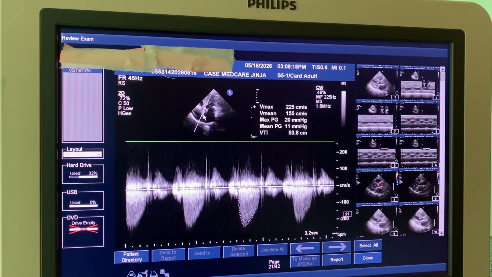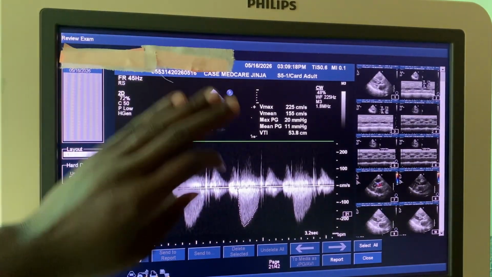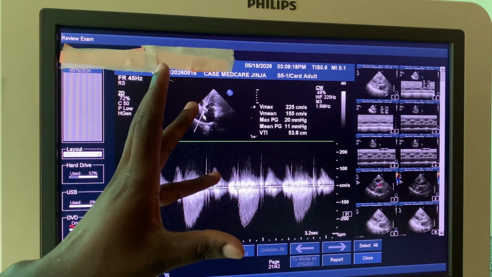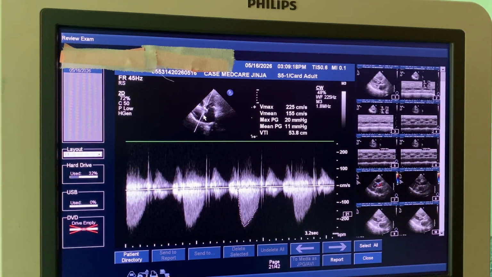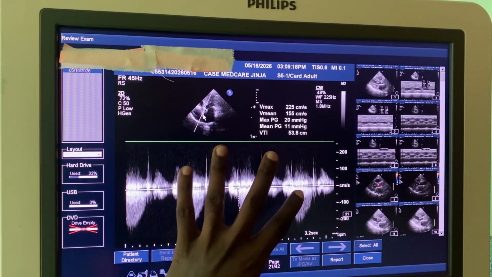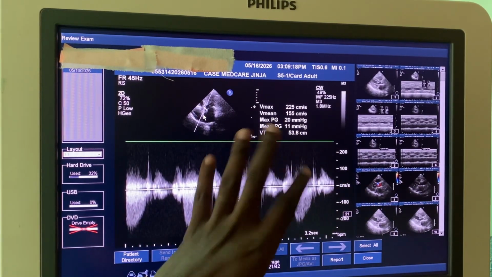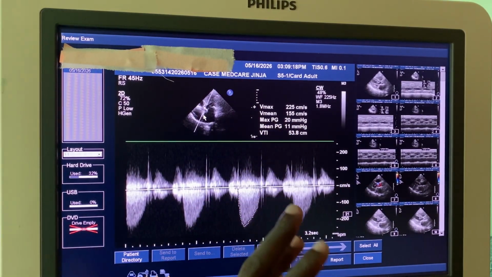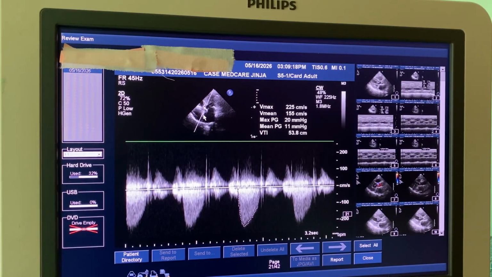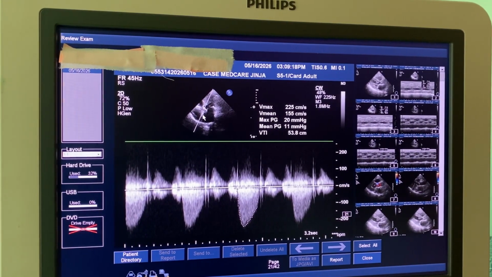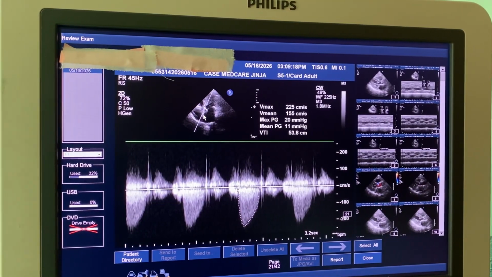And you find most of the time that when the blood passing increases, the valve opens. If it was 0.99 and you give the drug, you find the valve area is now around 1.3, 1.4. So it is no longer severe. It was not truly severe. There was something making it look severe.